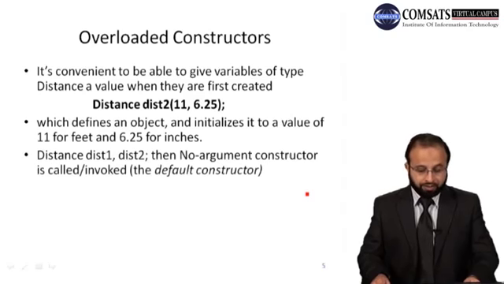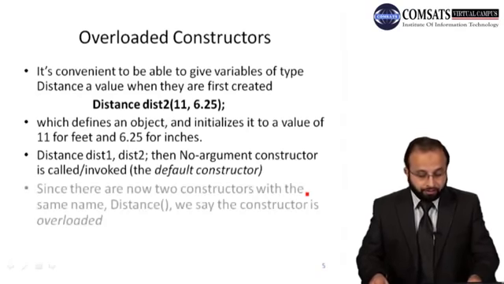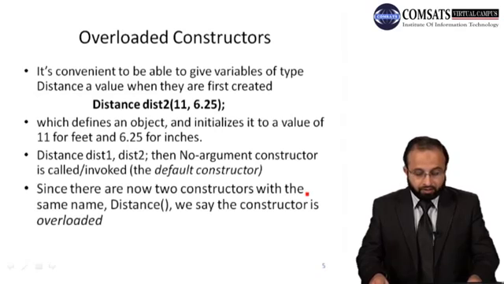So distance dist1, dist2. When this is executed, the no-argument constructor is invoked, and that is called the default constructor. Since there are now two constructors with the same name distance, we can say the constructor is overloaded.